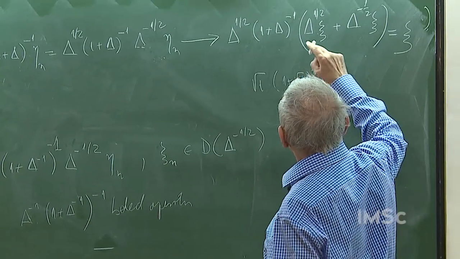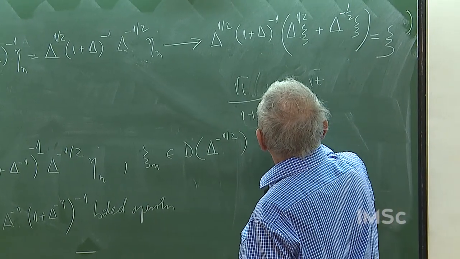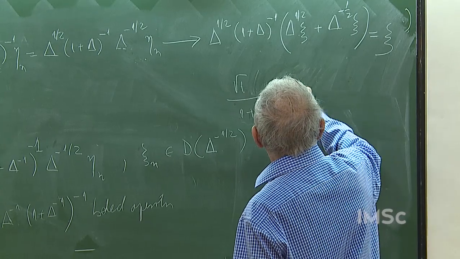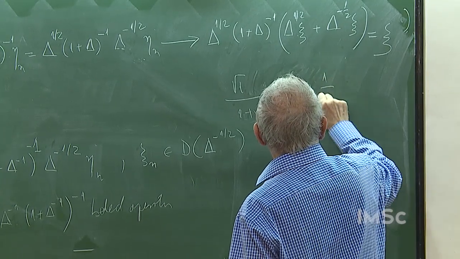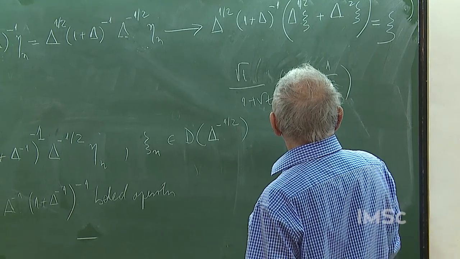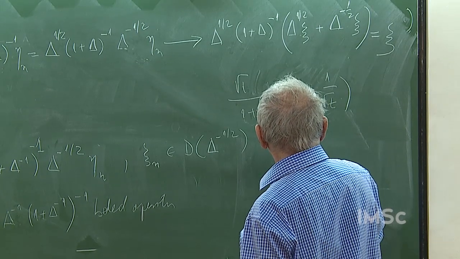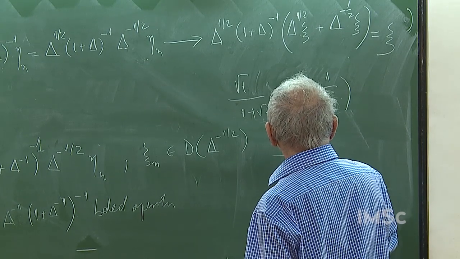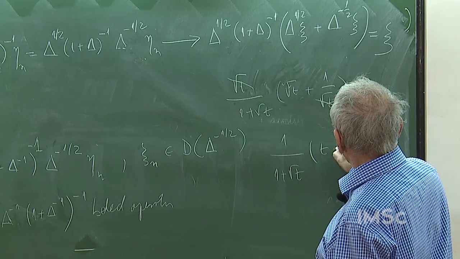Root of t over 1 plus root of t times root of t plus 1 over root of t. Okay, this is 1 over 1 plus root of t. Root of t with root of t cancels, and here I have t plus 1.